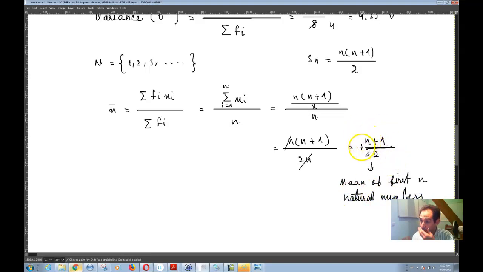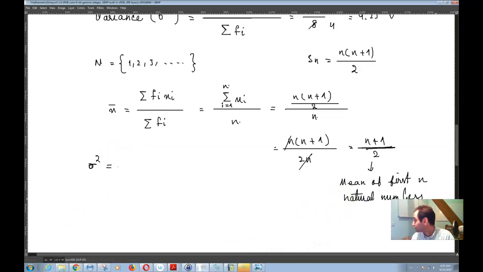That's that. And now to find the variance of such numbers, we said that the variance is sigma squared, and that was equal to, well, I keep forgetting formulas.